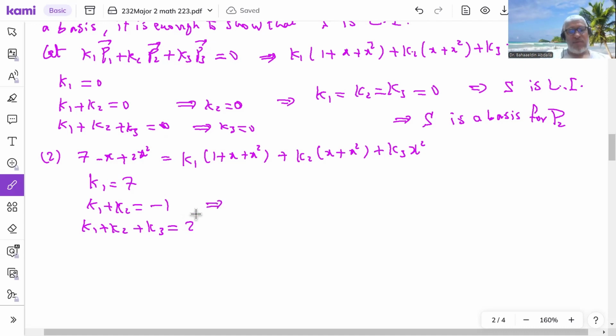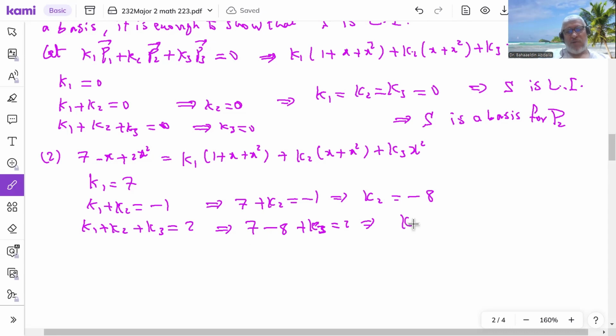K1 is 7, so 7 plus K2 is -1, so K2 is -8. K1 is 7, K2 is -8, 7 minus 8 is -1. Take it to the other side. So K1 is 7, K2 is -8, K3 is 3.